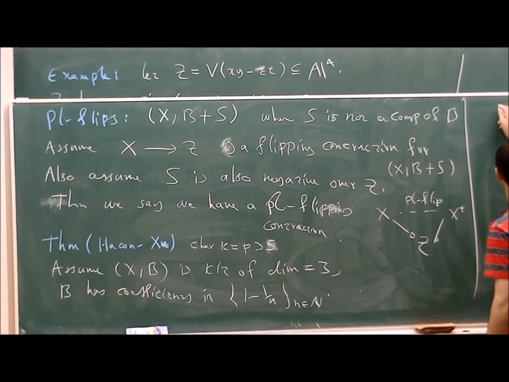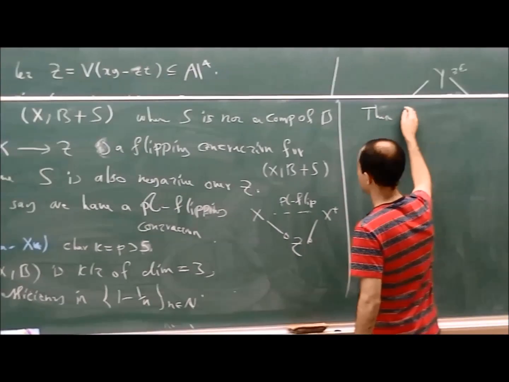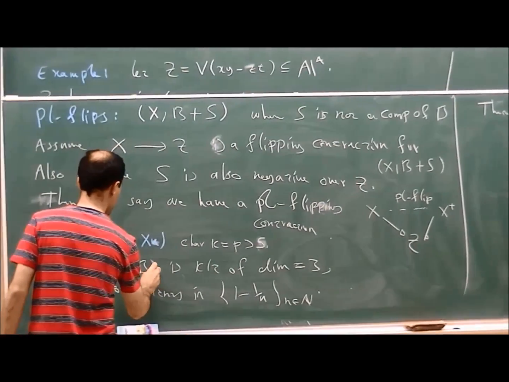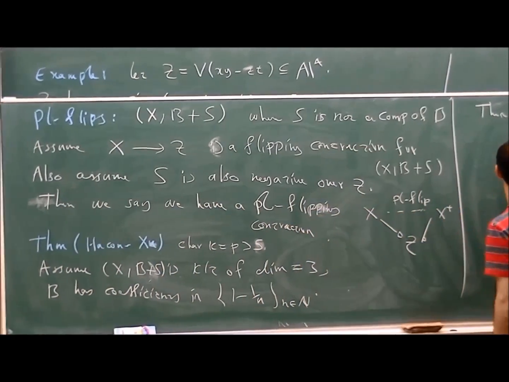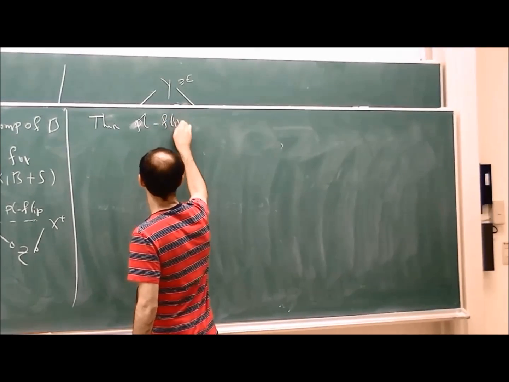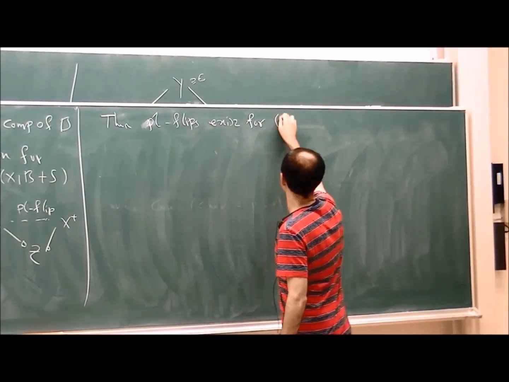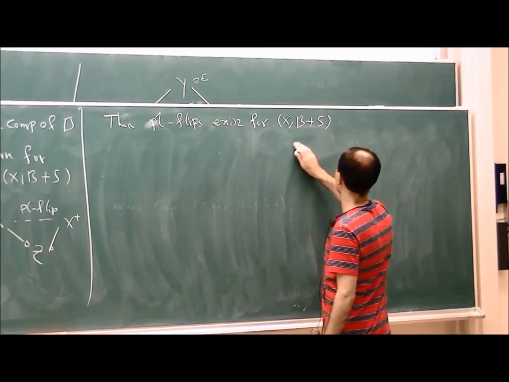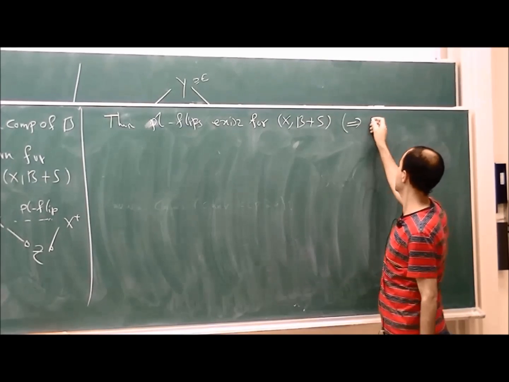Then in this situation, the PL flip exists. Let's put plus S just like in the picture. Then PL flip exists, and it implies that flips also exist.